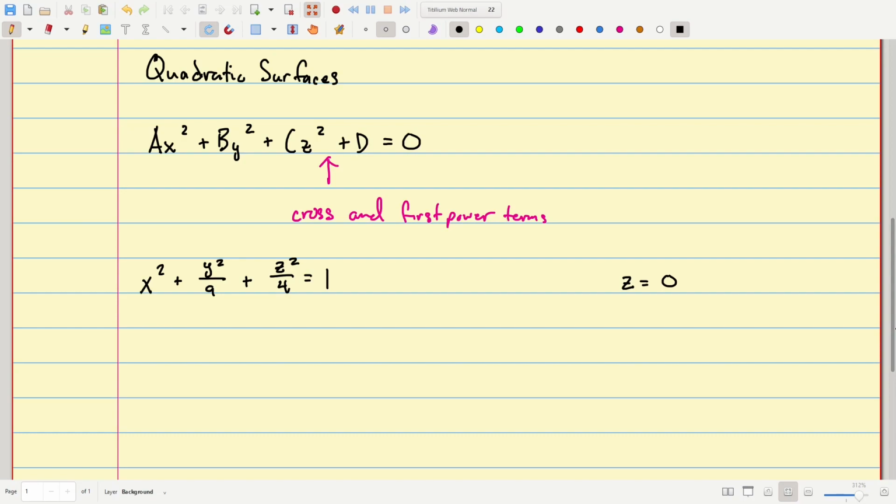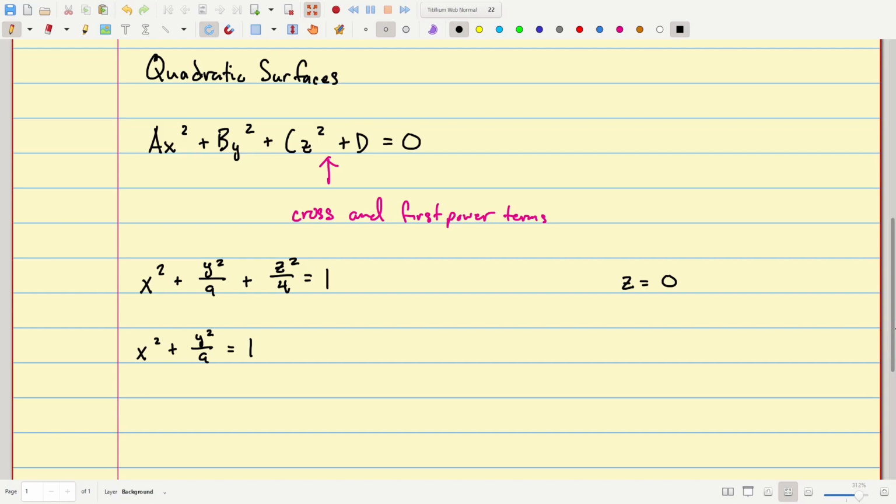If I were to use the method of traces, what we would do is pick a value for one of these parameters. Z is going to probably be the easiest one to replace. And if we set z equal to 0, we end up with this.